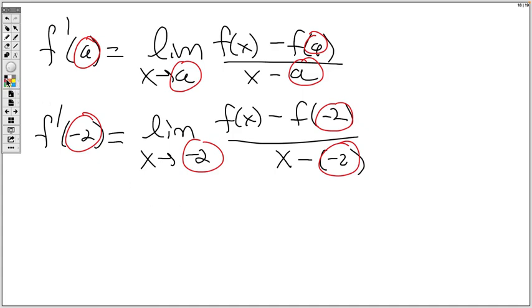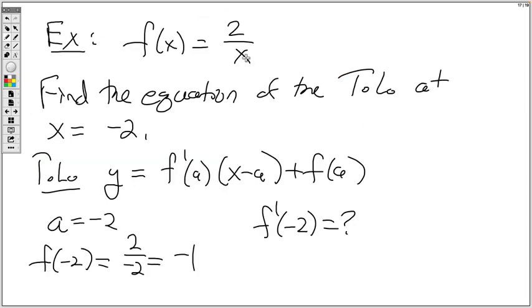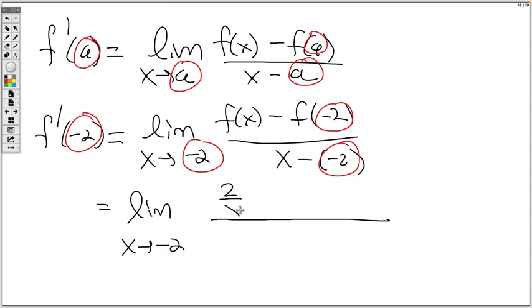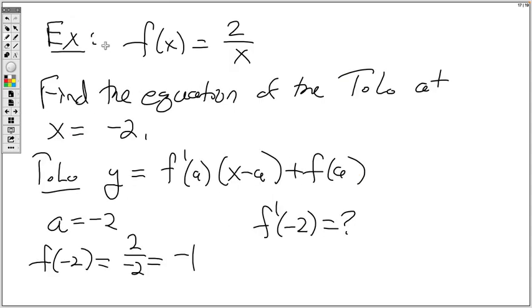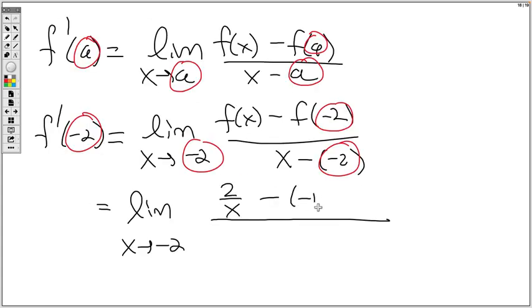Now we plug in everything. I have the limit as x goes to -2 of f of x, which we know is 2 over x, minus f of -2, which we got was -1. And x minus -2 is the same as x plus 2. Let's simplify this a little bit and then talk about how we're going to resolve this limit. Because we know ahead of time this is going to turn into what form?